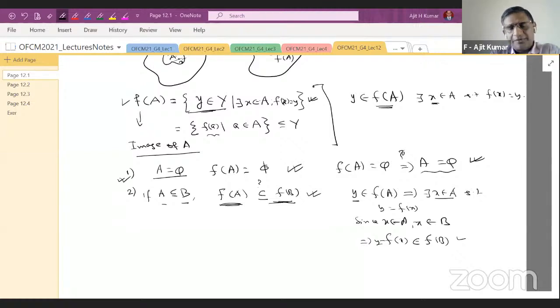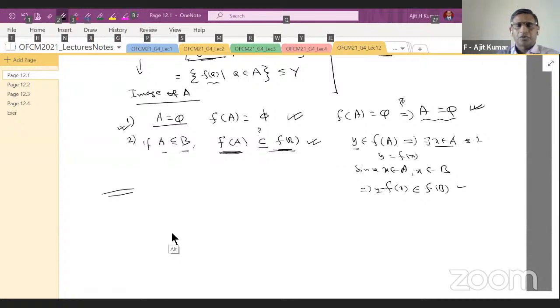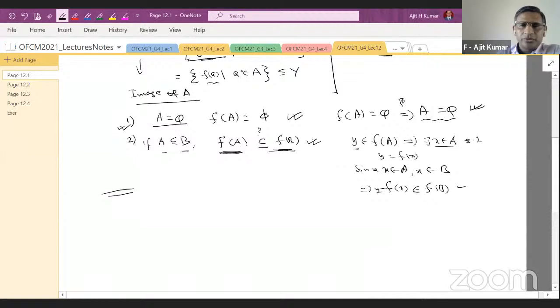If A is a subset of B, f of A is a subset of f of B. Is there anybody who could not complete the proof of this without writing?